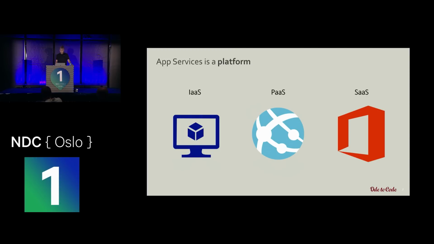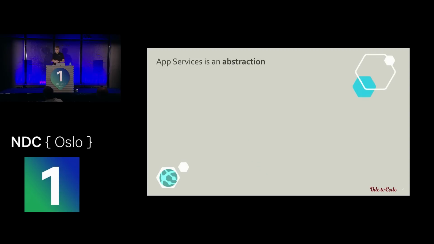offering from Azure, but that also means that App Services is an abstraction, and that's where things get a little bit tricky. When you're trying to host your web application, and particularly when you're trying to figure out how it is going to perform, or something just went wrong, how do I debug this thing, what are the diagnostic steps I can take, that's when sometimes the abstraction can get in the way. As developers, we're very used to creating abstractions and writing methods that hide complexity, and App Services is the same way.